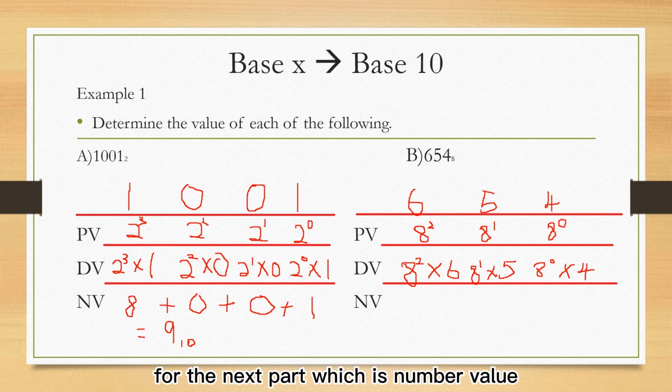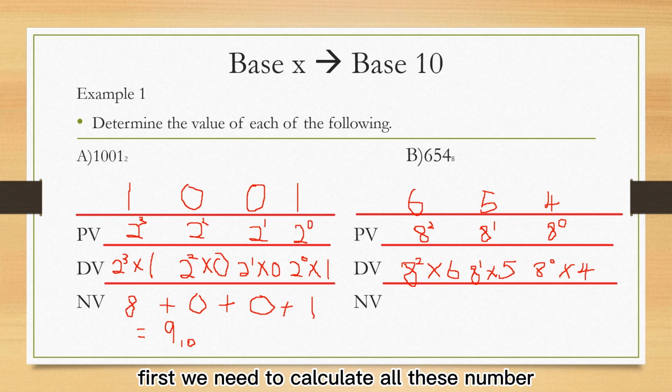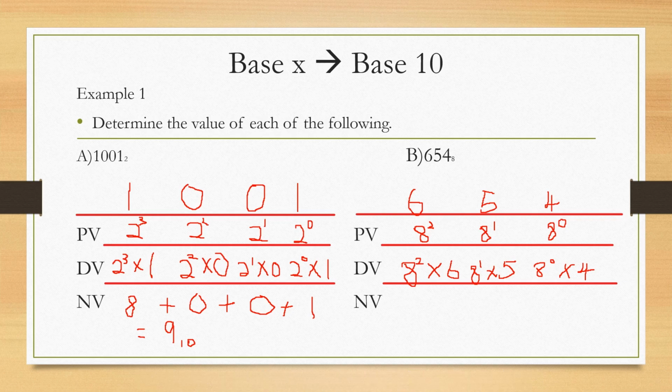For the next part, which is the number value, first we need to calculate all these numbers, then add all together. So 8 power of 2 times 6 is 64 times 6, which is 384.